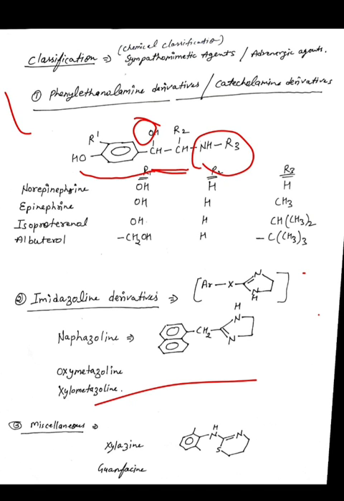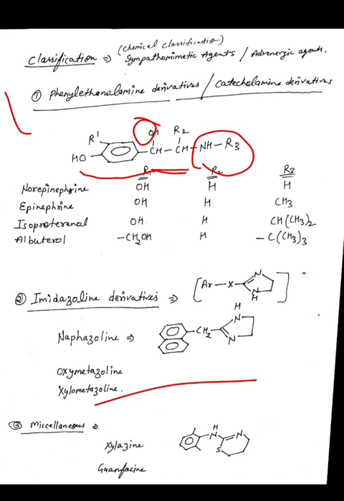sympathomimetic agents. In this category, in phenylethanolamine derivative or catecholamine derivative, we have norepinephrine. In case of norepinephrine, this R1 has the value of OH, R2 is hydrogen atom and R3 is simply hydrogen atom.